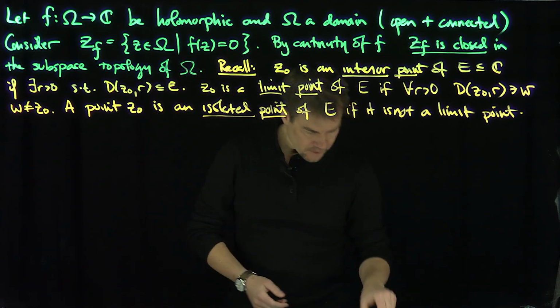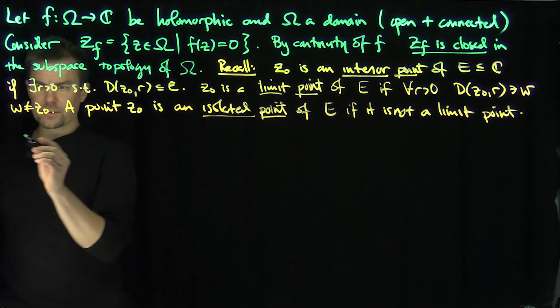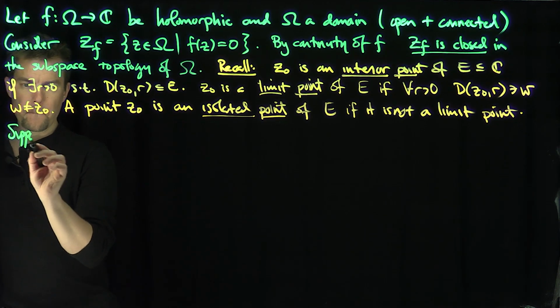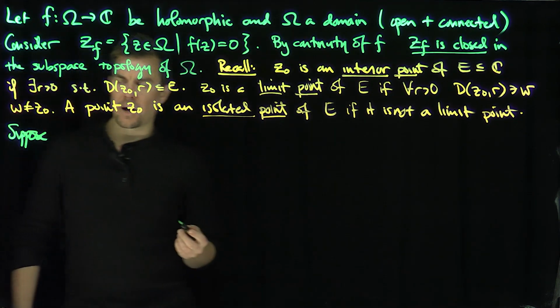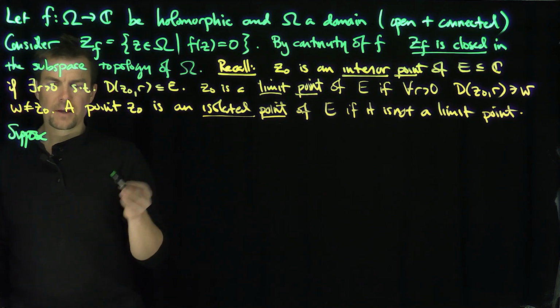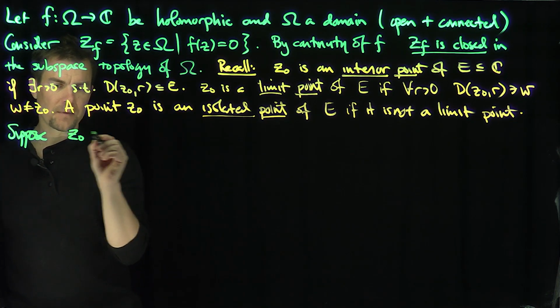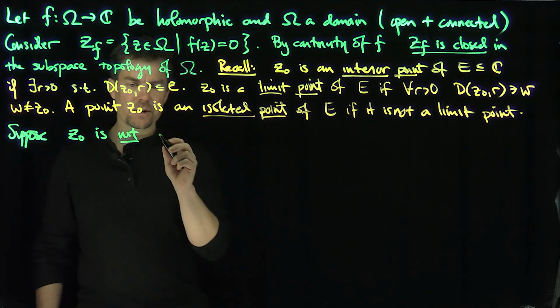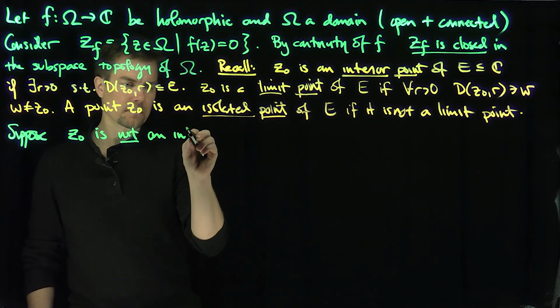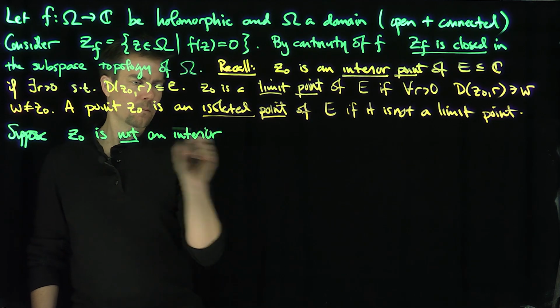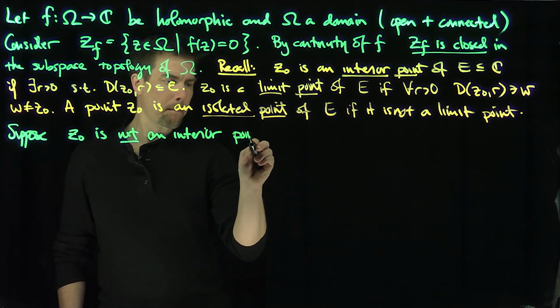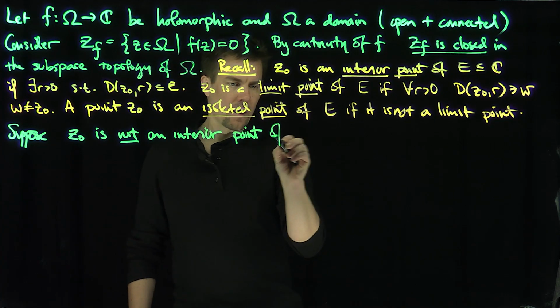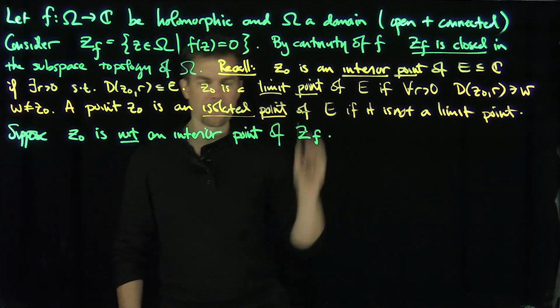So here is what we're going to do. Let's first suppose that z0 is not an interior point of Z_f, okay?